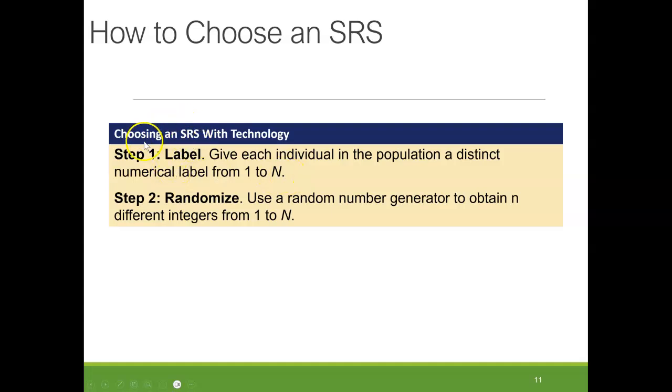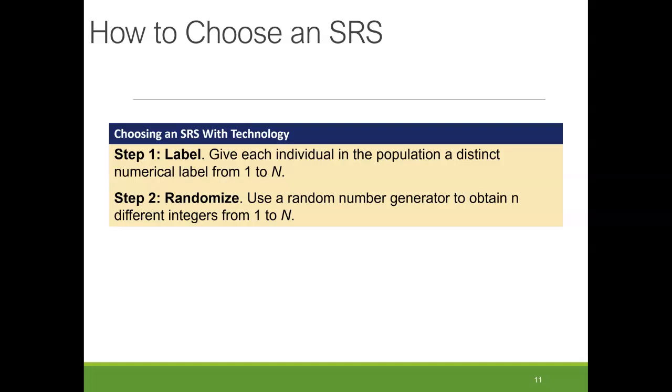Okay, so to do this, you take your list of individuals, you assign them each a number from 1 to n, and then you use some random number generator to select a number from 1 to n. Whoever that number calls is the person that goes into your sample.